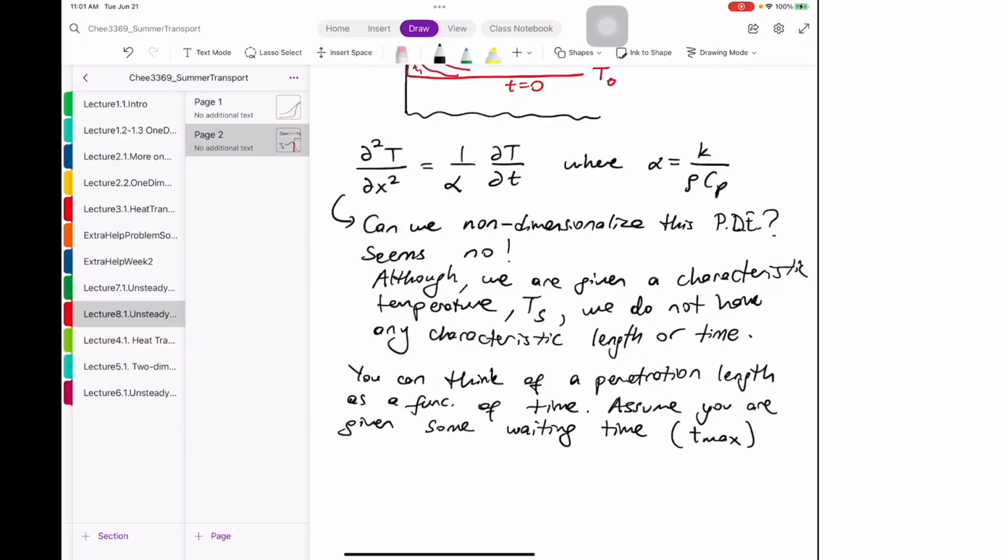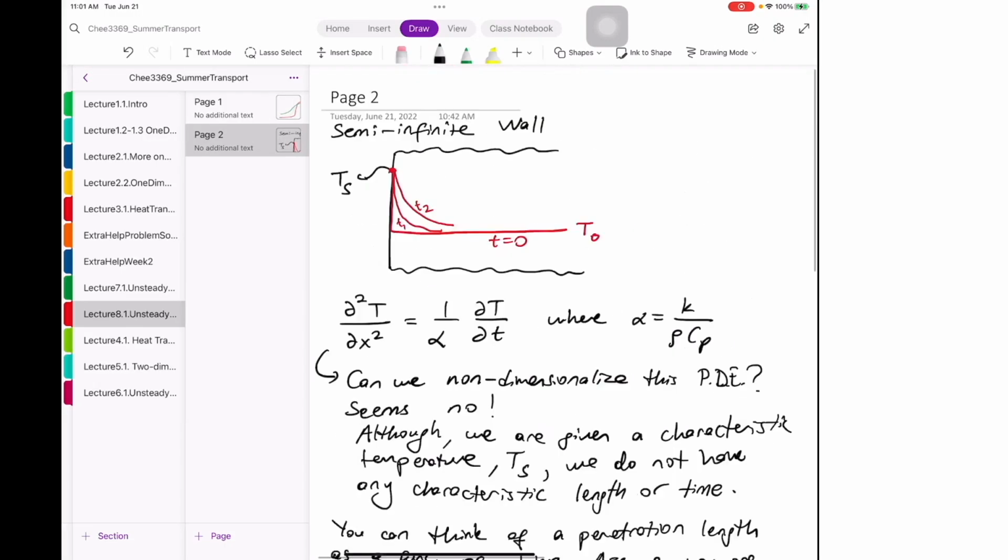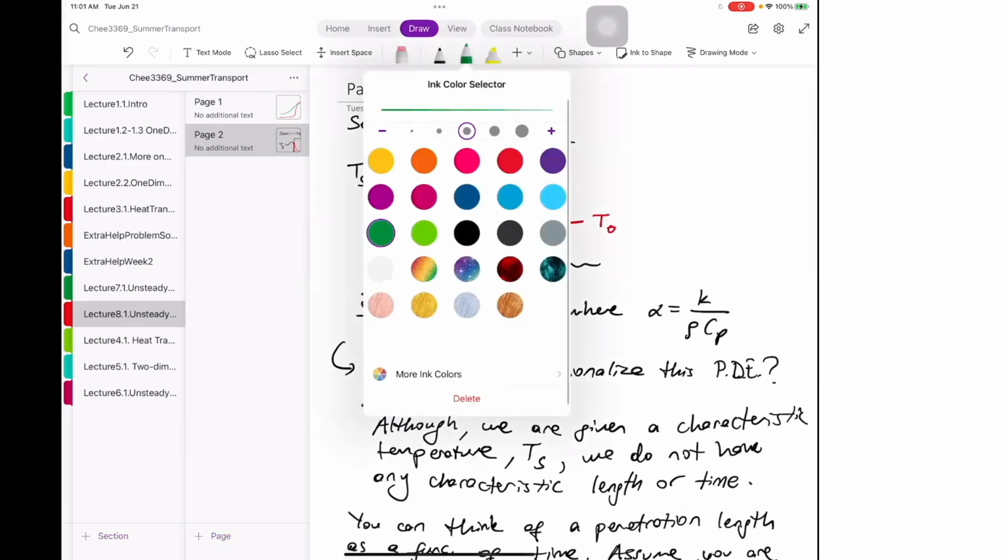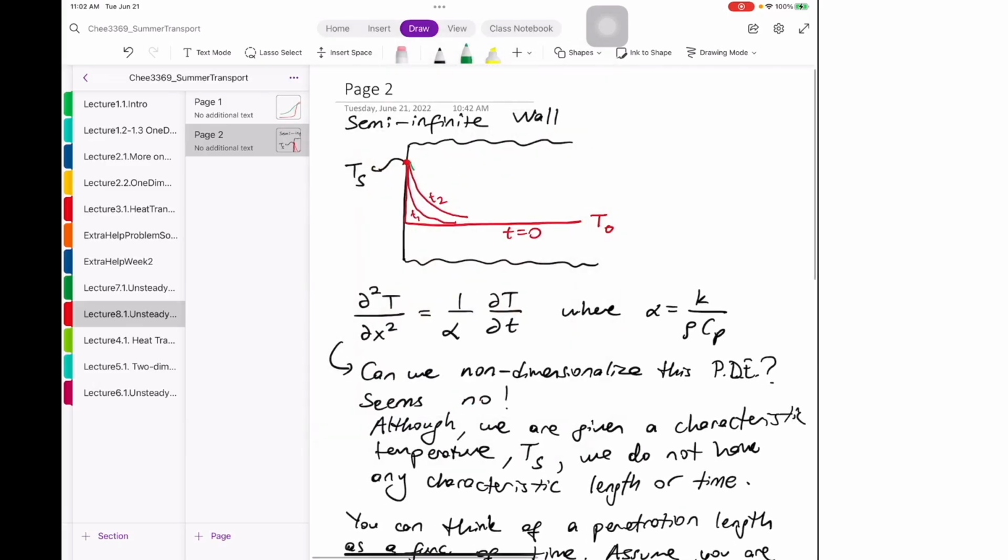And then you can come up with some penetration depth, Xmax, which relates to the Tmax, right? Let's imagine, although the system can actually evolve until infinity, you can just stop at some point, and this can be your Xmax, right?